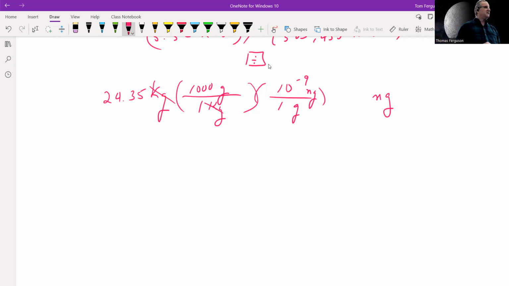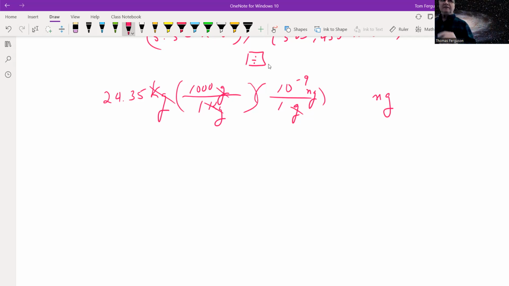Right. I already got rid of the kilograms. Now we're in grams. And the grams will cancel. The problem is the numbers are not correct.